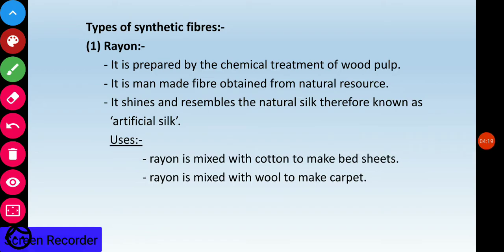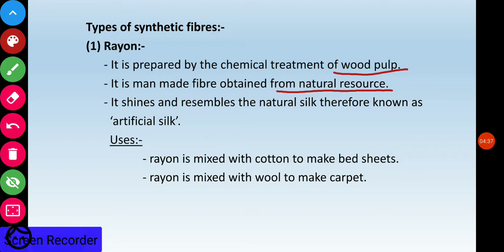Types of synthetic fibers. Rayon. It is prepared by the chemical treatment of wood pulp. It is a man-made fiber obtained from a natural source. So what is the natural source? It is the wood pulp.